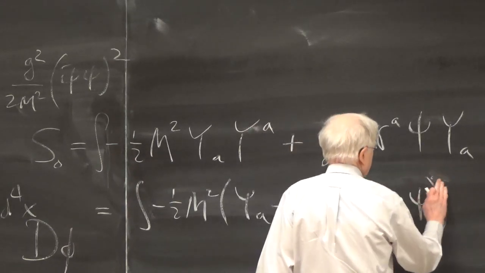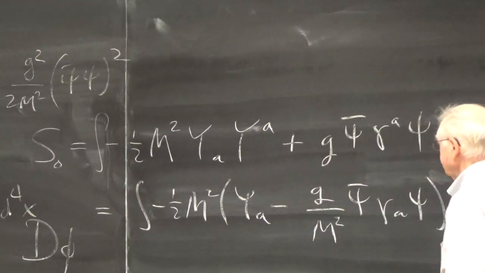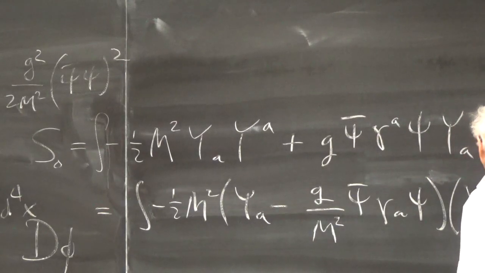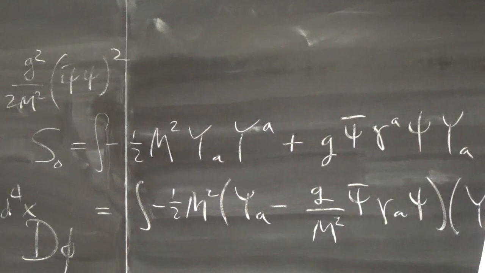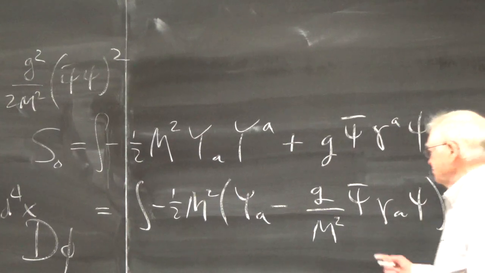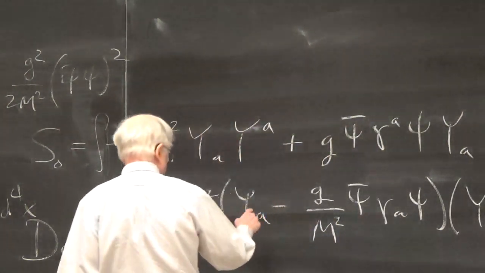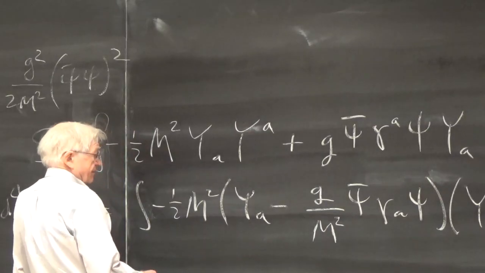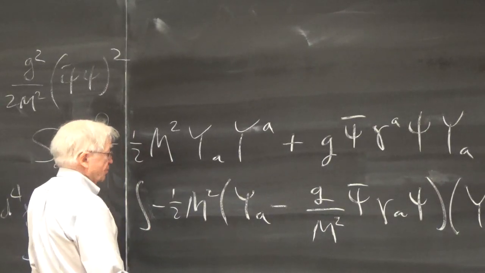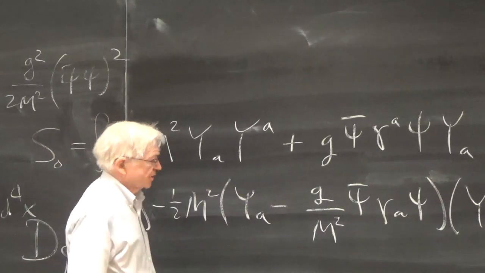And by squared, of course, what we mean here is YA minus g over m squared psi bar gamma A psi, times itself. Let me just do the arithmetic here. That gives you a 2, which cancels that 2. Okay, so this is correct.